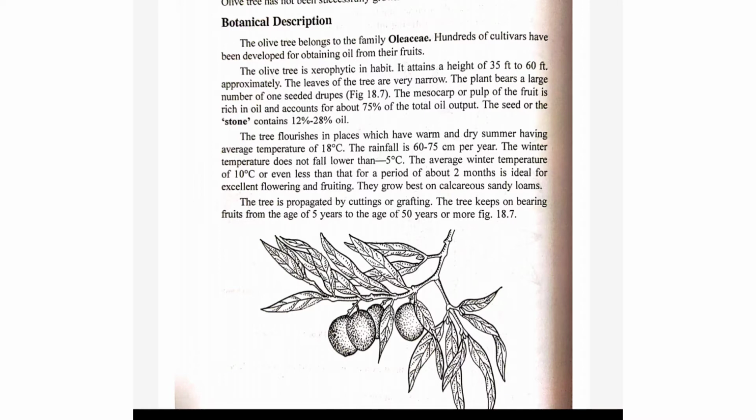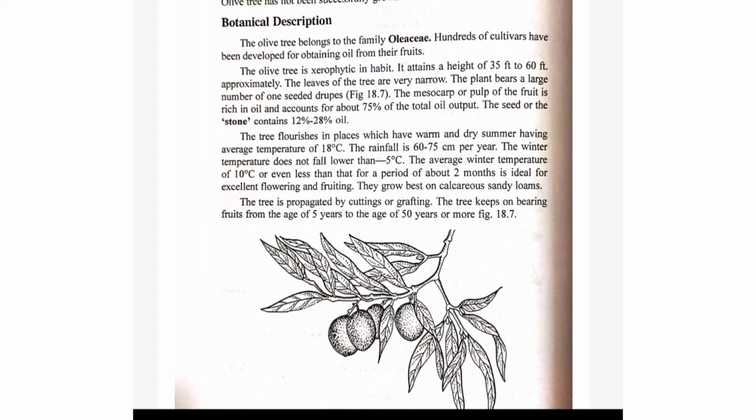The tree flourishes in places with warm and dry summers, having an average temperature of 18 Celsius. Flourishing means the growth develops in a healthy environment. The rainfall is 16 to 75 centimeters per year.